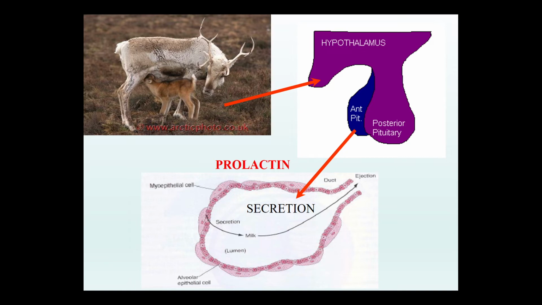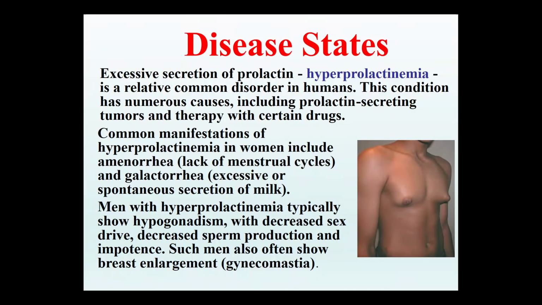This important function of prolactin determined the name of this hormone, prolactin. But prolactin is a multifunctional hormone. Prolactin induces lobular-alveolar growth, not only the growth of the mammary gland.